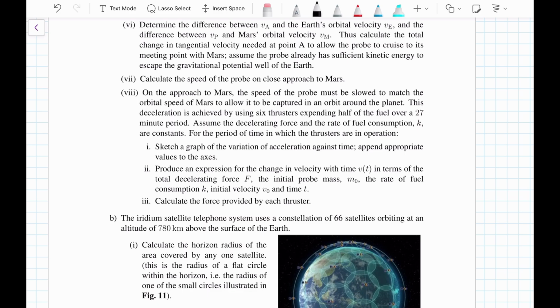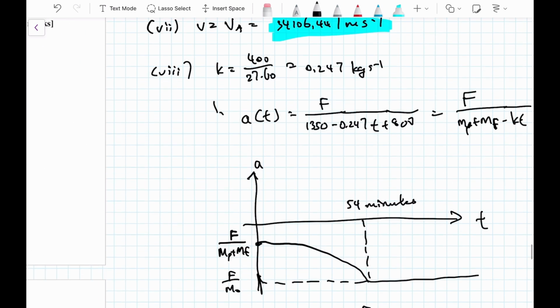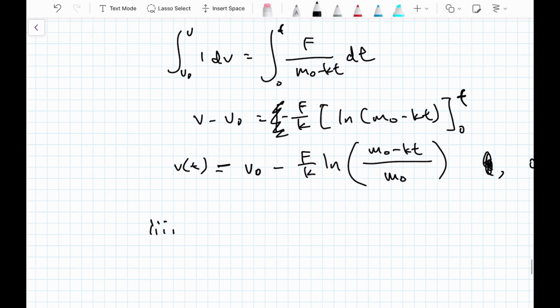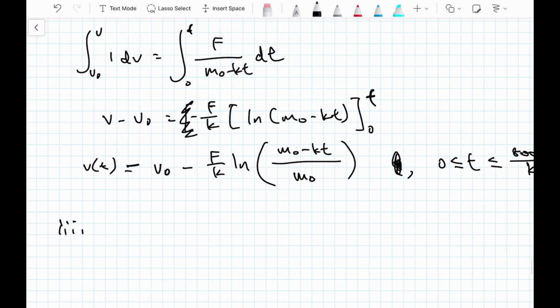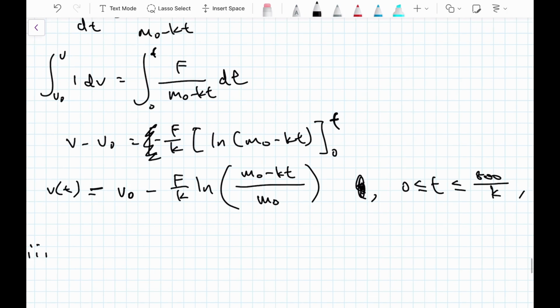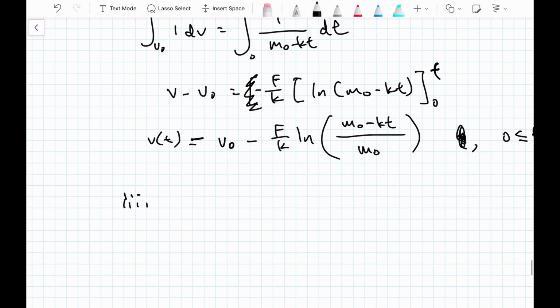In order to calculate the force provided by each thruster, we have to involve F, and then we just divide it by 6. So we have to quantify everything: 800 and K and all that.